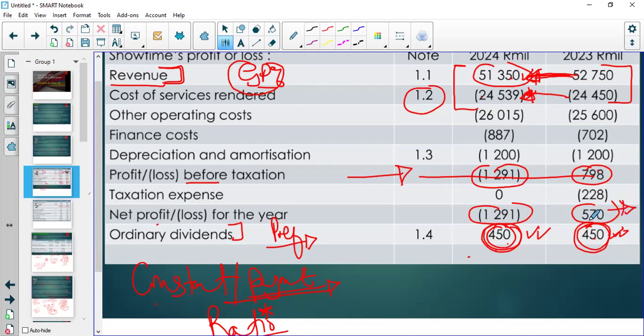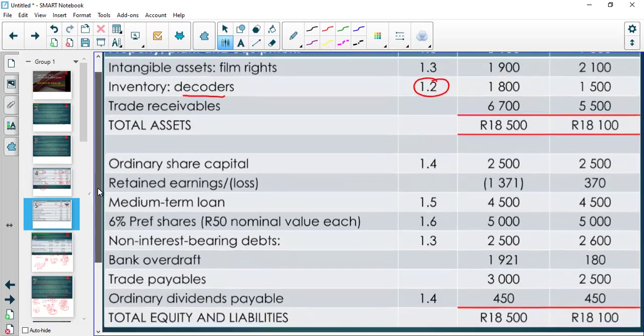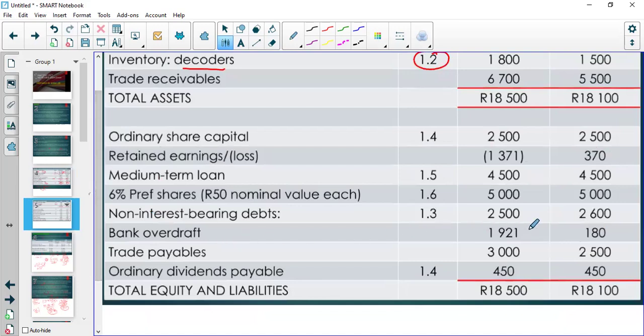So we could say that going into the future this may not be sustainable, because when the entity is making losses, there may not be sufficient cash reserves to do the payout. If we have cash reserves as well, then we can have a look at that. But for example, here we had a bank overdraft, so we're not generating enough cash reserves to make that sustainable. So when we comment about future sustainability, we focus on our ability to generate profits and cash flows.